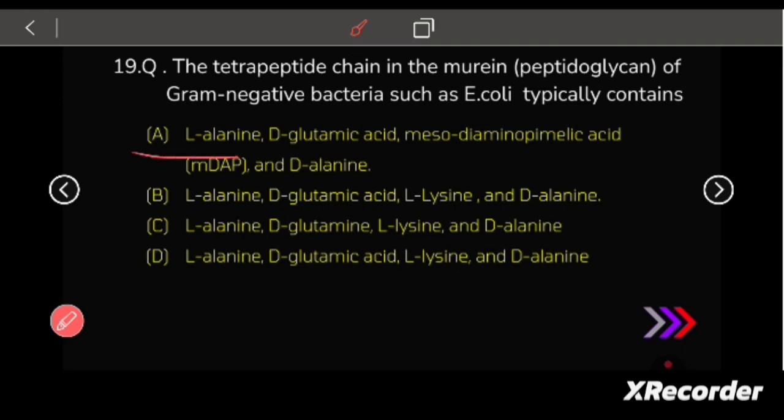Answer is A. The tetrapeptide chain in the peptidoglycan of gram-negative bacteria contains L-alanine, D-glutamic acid, meso-diaminopimelic acid and D-alanine. Answer is A.